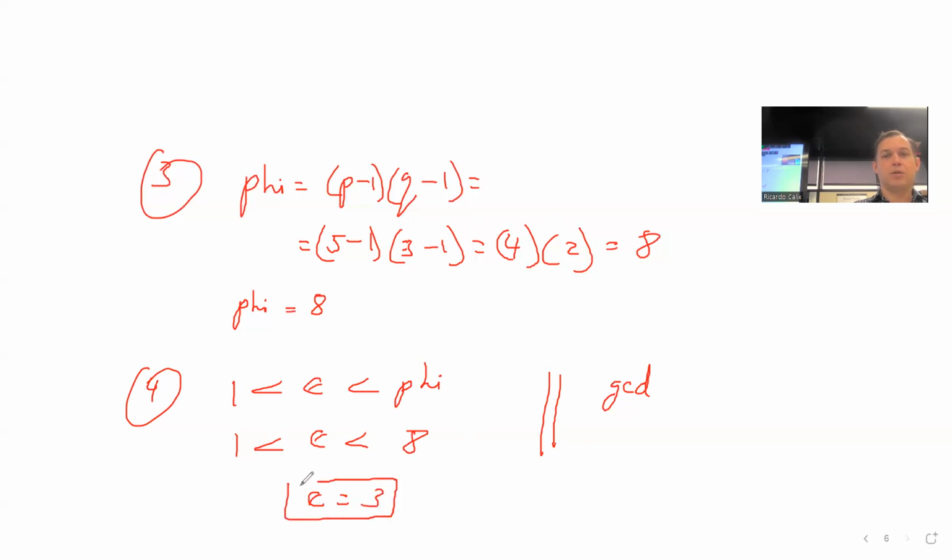I'll show you how we would actually do it, because it's involved: we need to try several numbers, check the GCD condition between these, and compare for every prime number. So there are quite a few steps. We'll come back to that. But let's say that E equal to 3 meets this condition, and would also meet the GCD condition. So now we have E. And then the next step is we have E.